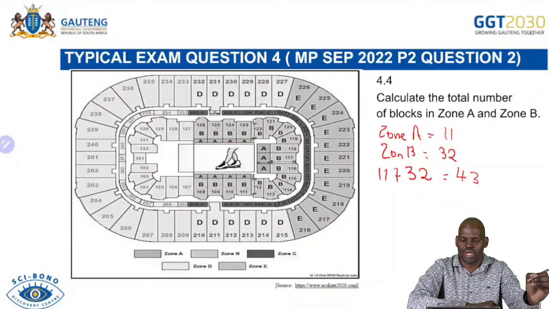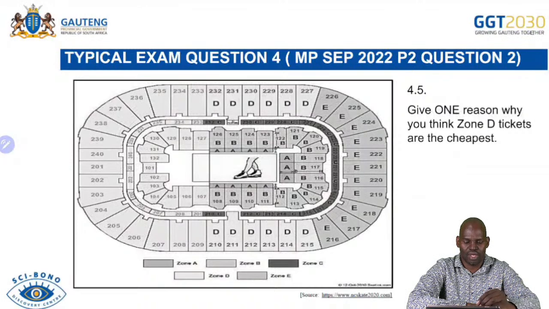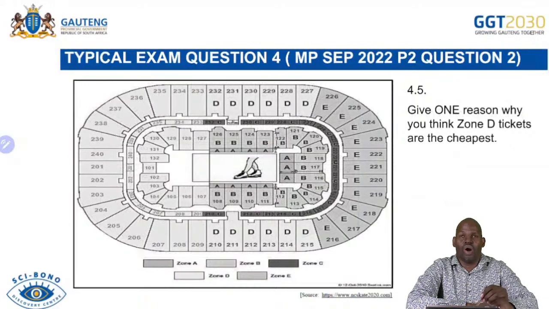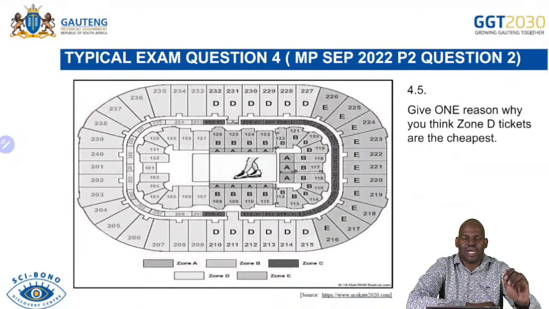Okay, then the next question is 4.5: give one reason why you think zone D tickets are the cheapest. For this one, you'll have to give your own relevant reason.